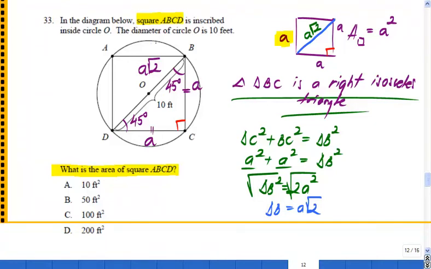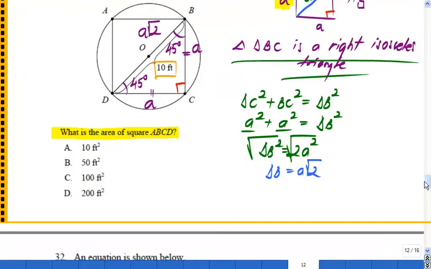Well, DB is given to you, and that DB is 10 feet, right? Well, let's do that substitution in here. The substitution will be 10 instead of DB.